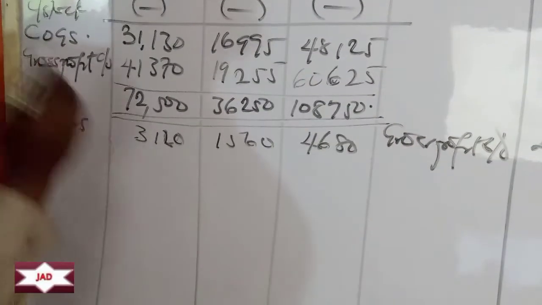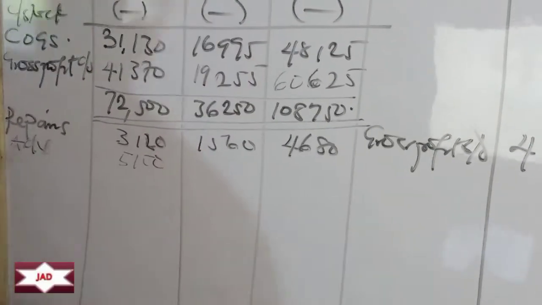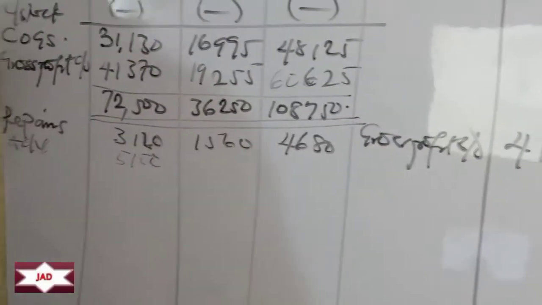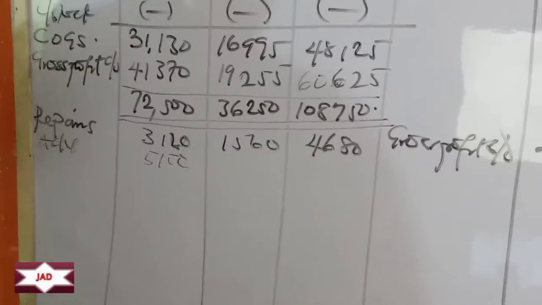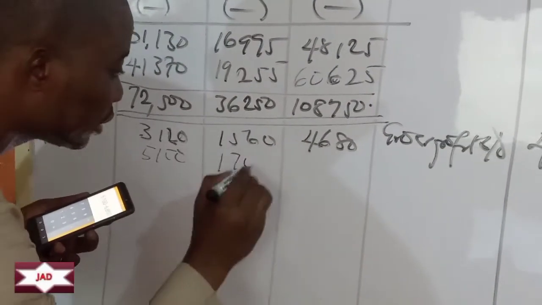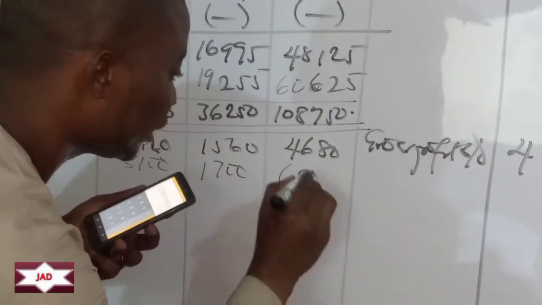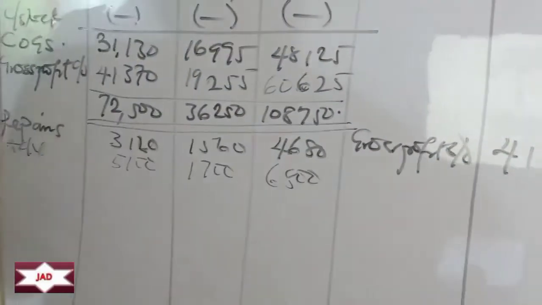So footwear is 5,100. Then clothing is 1,700. So that would be everything will be 6,800.